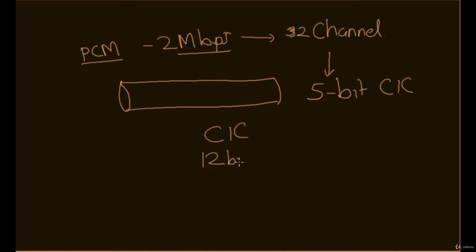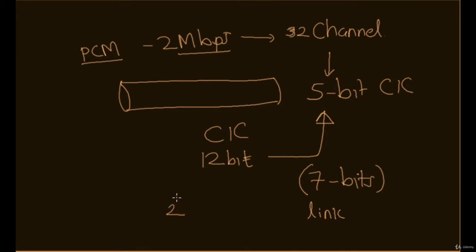Out of 12 bits, 5 bits are used for identifying one channel in a single link. How many bits are remaining now? 7 bits are remaining. These 7 bits can be used to identify the link. So total how many links are possible? 2 to the power 7. These many links are possible between two exchanges, and 2 to the power 5 is the number of channels in each link.